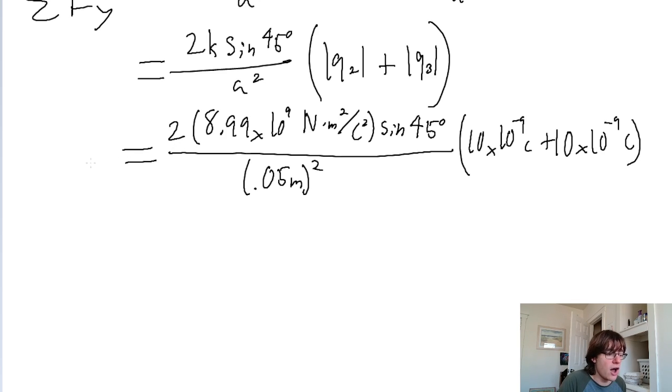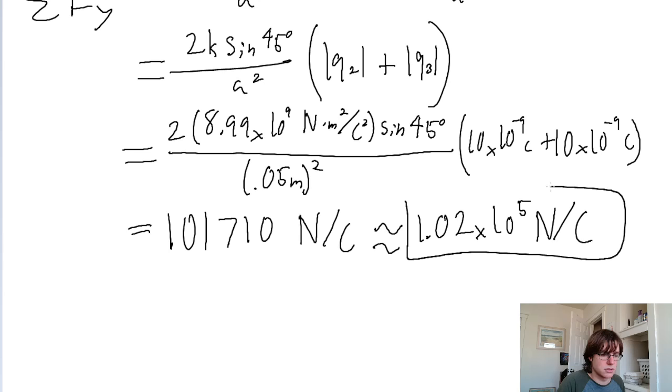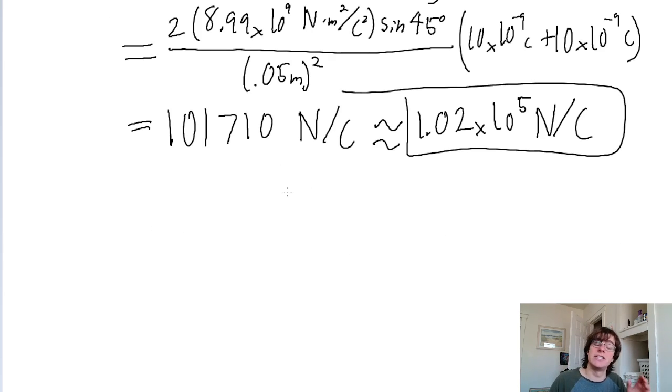And if we put all of this into a calculator, then we get about 101,710 newtons per coulomb, which can be more simply written as about 1.02 times 10 to the power of 5 newtons per coulomb. And this is the y component of the net electric field.